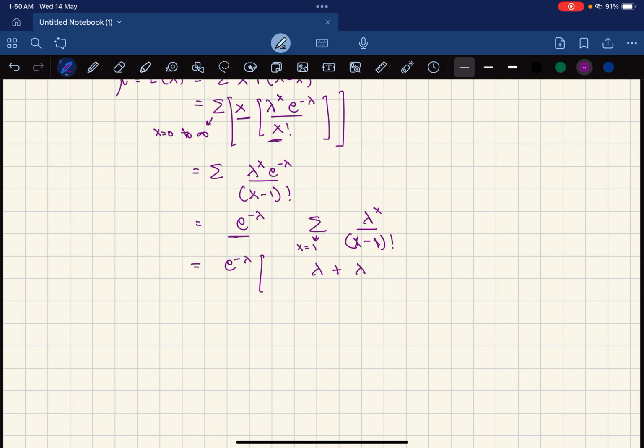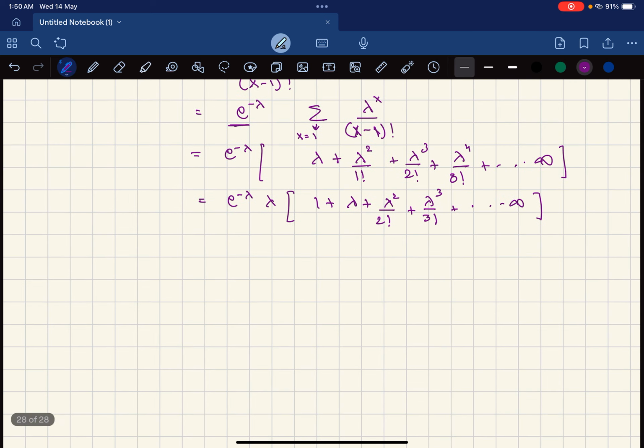So for x equal to 2, we'll have lambda square upon 2 minus 1 factorial, which is 1 factorial, plus lambda cube upon 2 factorial plus lambda 4 upon 3 factorial and so on till infinity. If we bring lambda out, we are left with 1 plus lambda square upon 2 factorial plus lambda cube upon 3 factorial and so on.